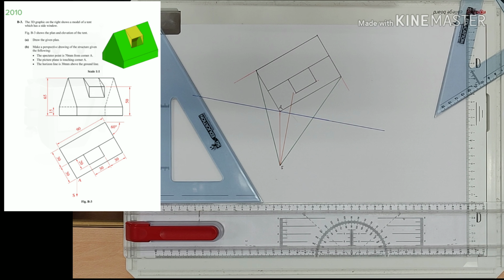So this one here is going to be going parallel from the spectator to where it hits the picture plane, like so. And the same will be done on this side here. Make sure it's parallel to the plan. Bring him down from S, your spectator. Draw a line out to hit your picture plane, VP2.